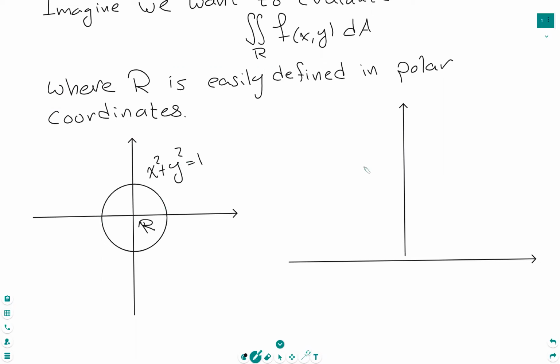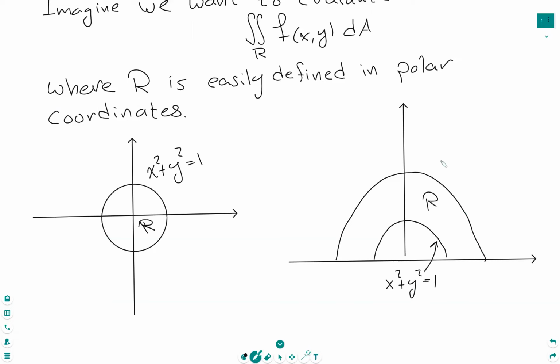Or maybe we have kind of an arc, something like this, where this is our region R, where maybe the inside is described by y squared plus x squared is equal to 1.